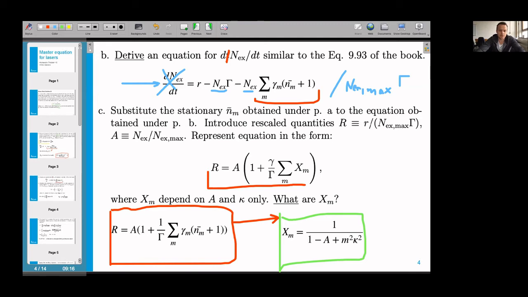Okay, there was a question of, can you please comment on what R and x of m mean physically? Well, if we look at R, A is quite evident what A means. It's just the ratio between those two. For R, let's go back and see what R means.